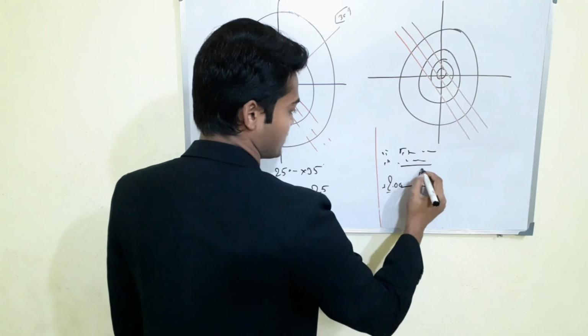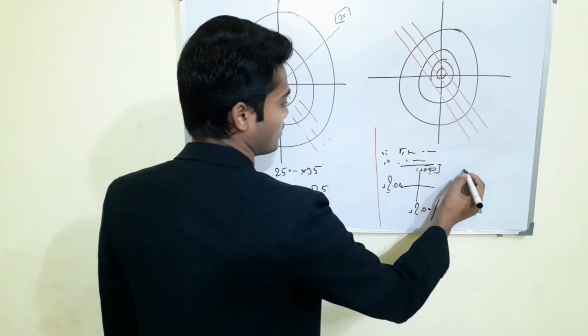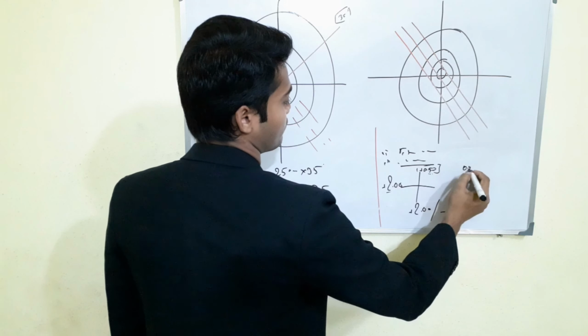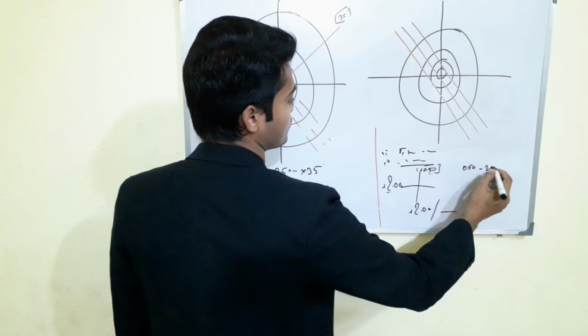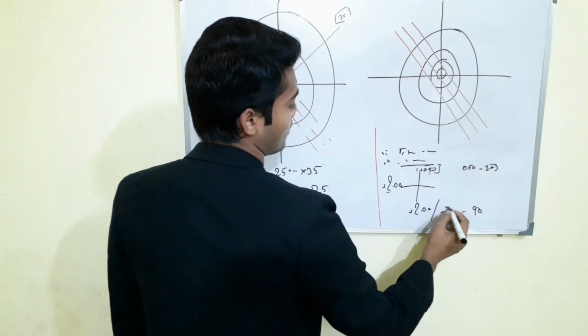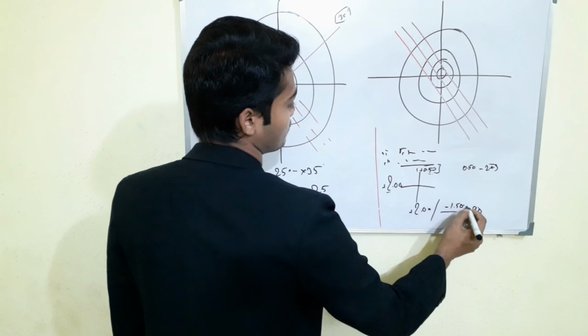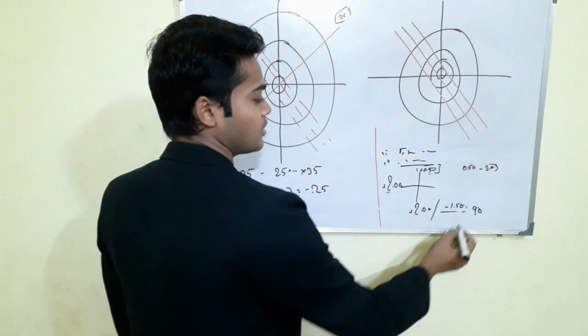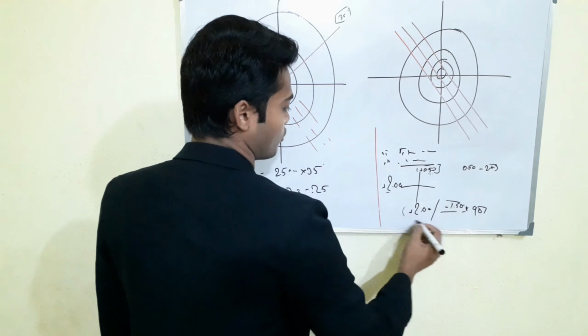For the second axis, first write here plus 2, and according to the second reading we write the 90. For the cylinder value, we simply reduce the second reading from the first reading. So minus 0.5 first reading minus 2 second reading, and we get minus 1.50 cylinder. So this is the way.